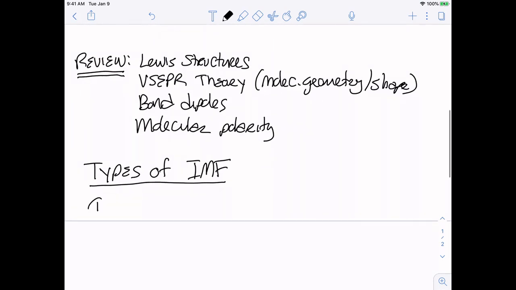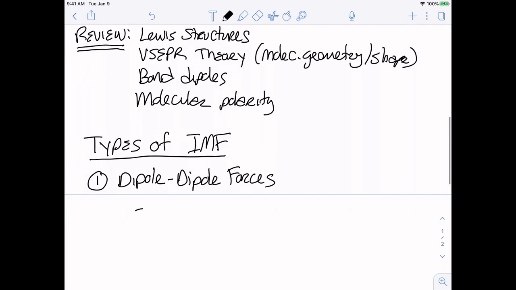The first one I'm going to talk about is dipole-dipole forces. Dipole-dipole forces exist between polar molecules. This is the one I was just alluding to. If your molecule is nonpolar, it's not going to have dipole-dipole forces, so these exist only between polar molecules.